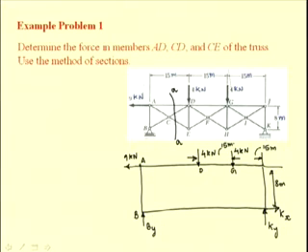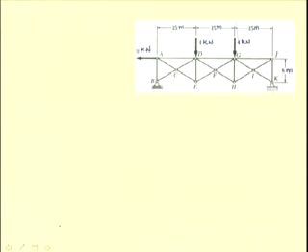So, from this free body diagram, we can see that if we take a moment about this point K, then only By is the unknown force and it can be determined. So, let us write the equation taking the moments about K and equating it to 0.